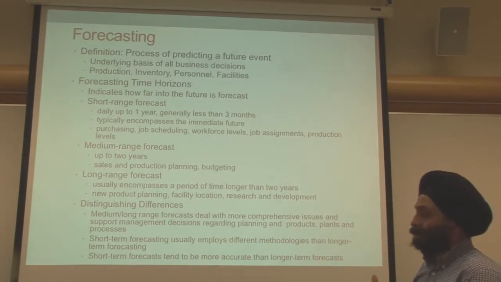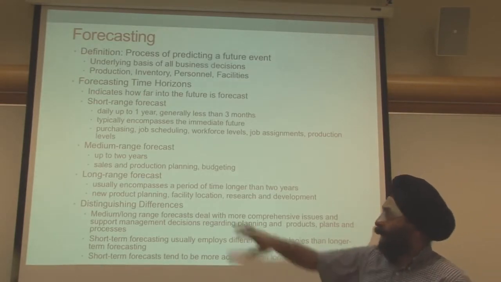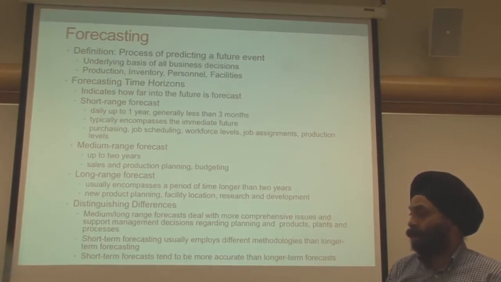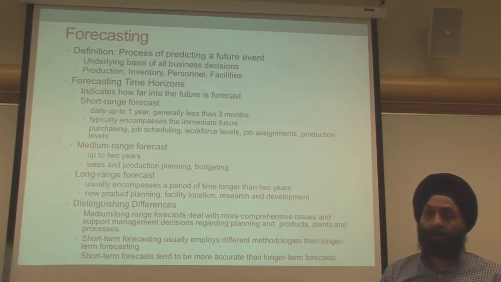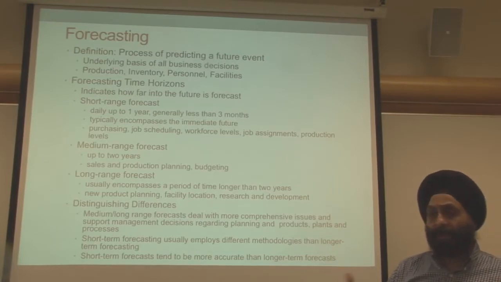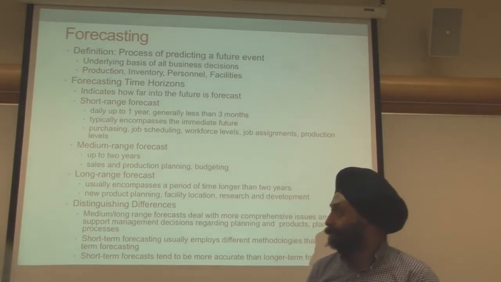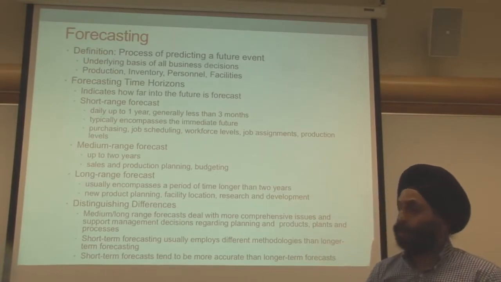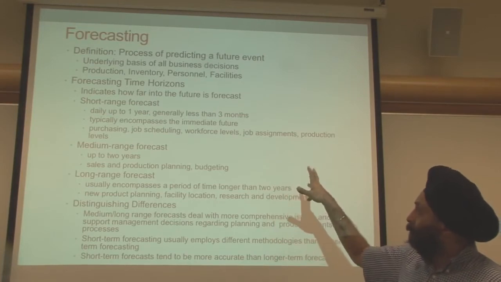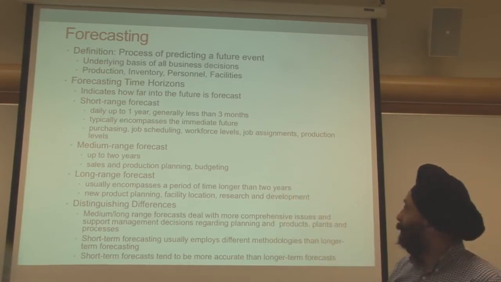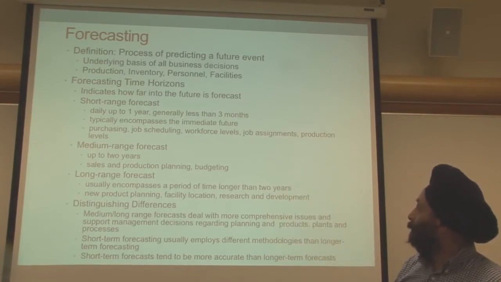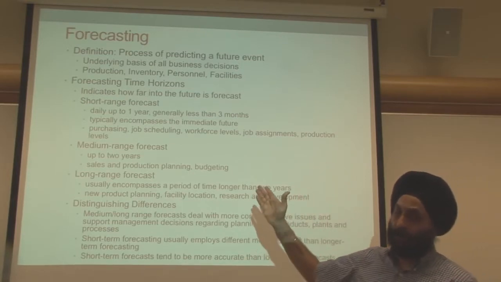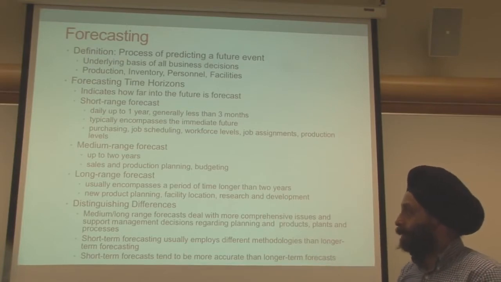These focus on the immediate future: purchasing parts or raw material, job scheduling of the people, workforce level in the near term, as to do we have enough people to tide us over for the next quarter, etc. Job assignments, who will be doing what, and on what machine, where, in which location, and production levels of various products that the company offers.